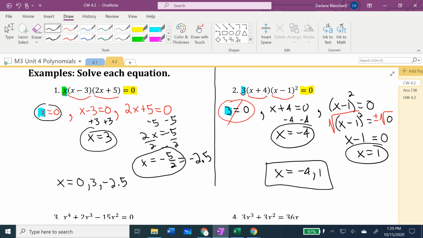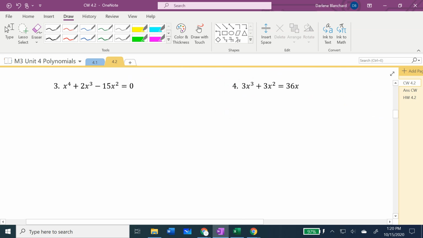I don't feel that this is the time in math to push you to write using these very standard, stiff mathematician notation. Just think logically about what you're doing, get an answer out. All right, how are you feeling so far? All right, not bad. So I move over here.